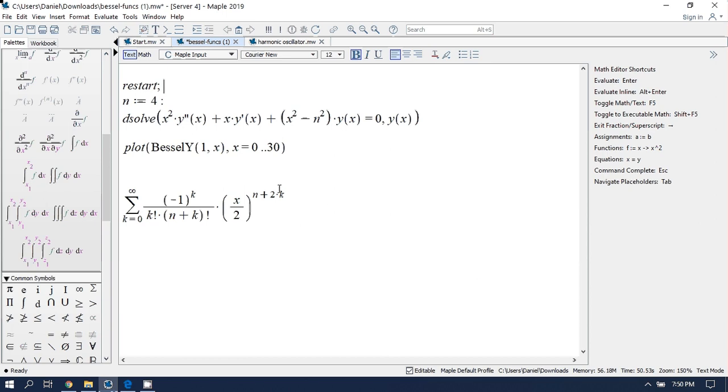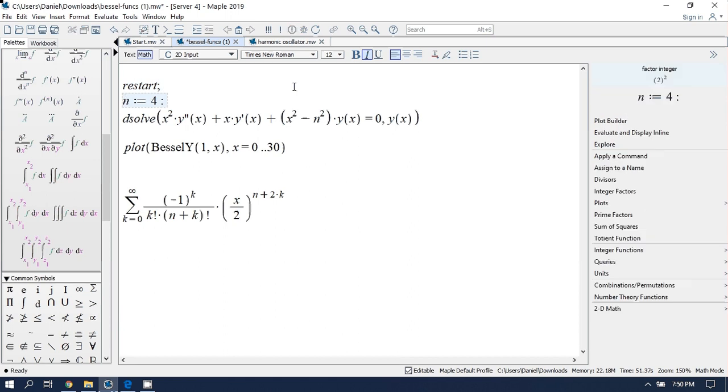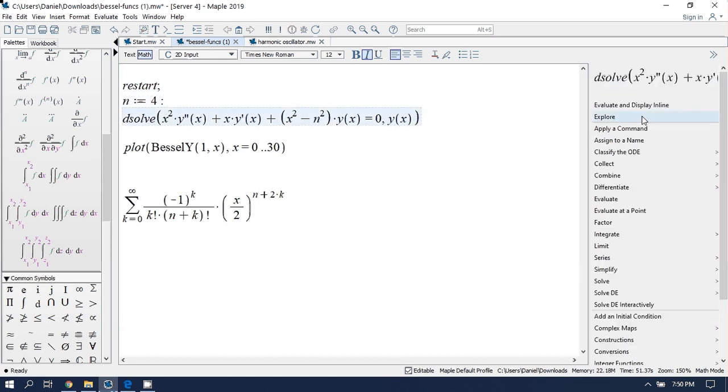So let me run the system here with Maple just to see that Maple recognizes that this is a second order ODE, recognizes it as this particular Bessel equation, and gives you the solution as a linear combination of two independent solutions. So let's first run the equation without any specified value for n.